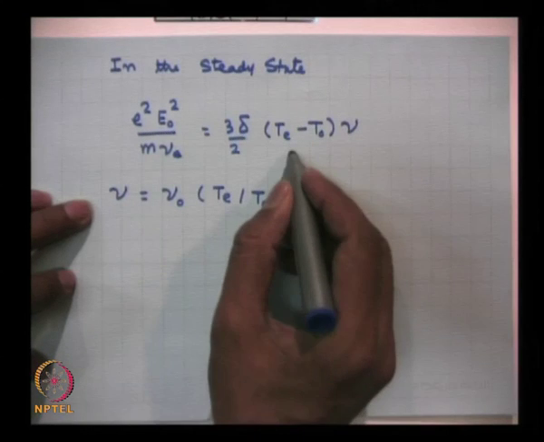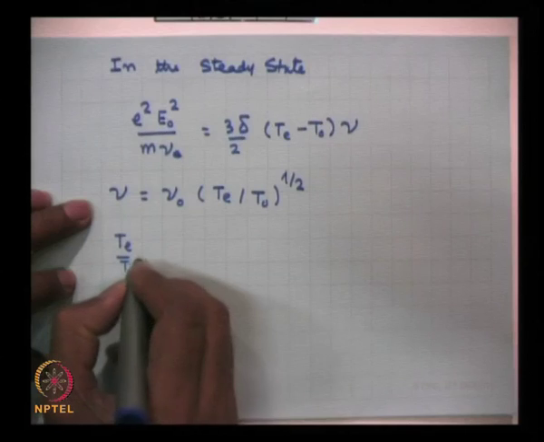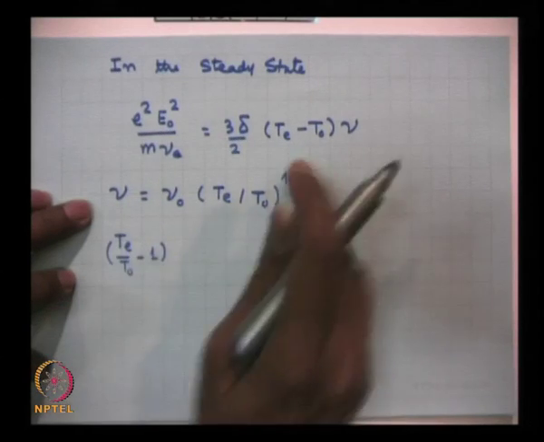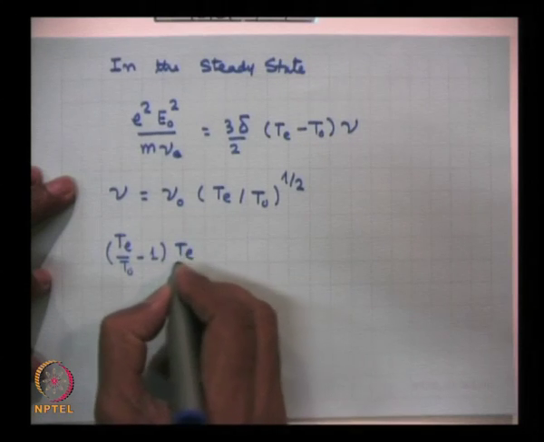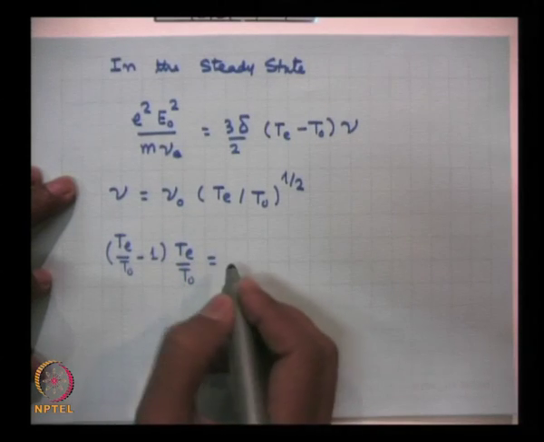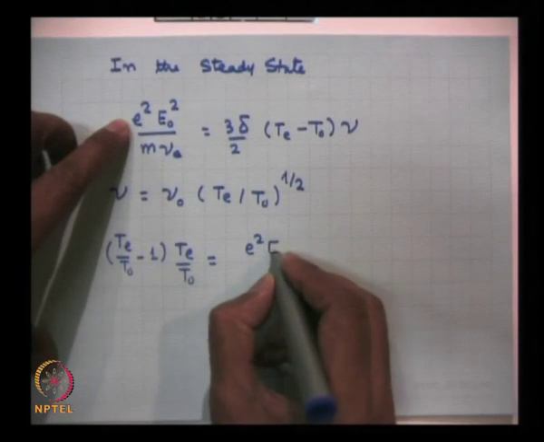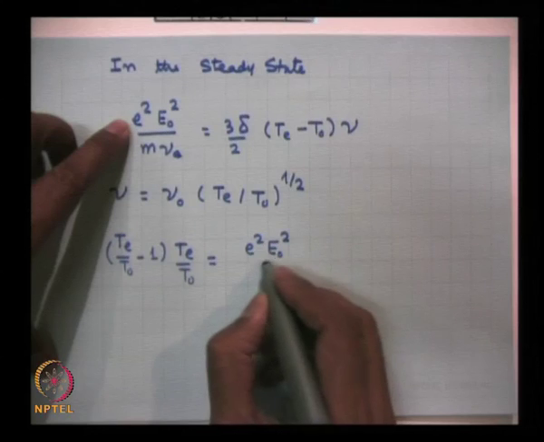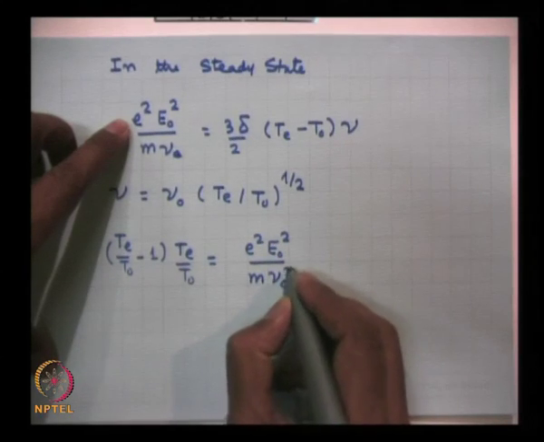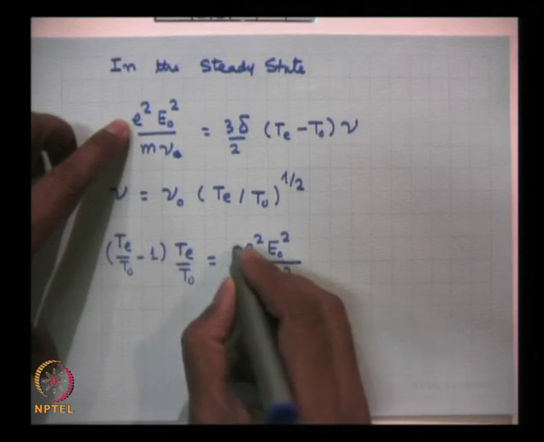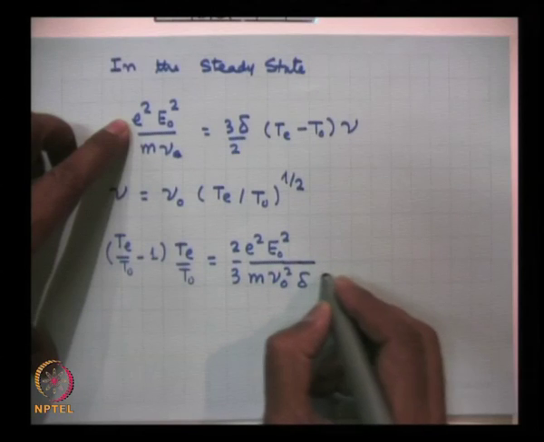This equation can be rewritten as Te upon T0 minus 1, and this I can write as Te upon T0 all outside, is equal to e squared E0 squared upon m nu0 squared, times 2 upon 3 delta into T0.